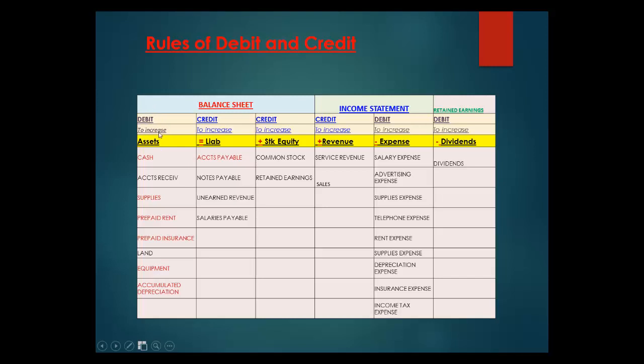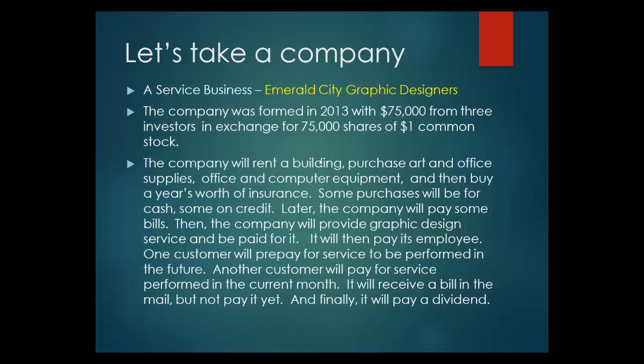If I want to increase an asset, I'll debit it. If I want to increase one of these liability accounts, I will credit it, and so forth across. Take a minute and look at the relationship between assets and expenses. Both of them are debited with increases. That's important to remember. And then the liabilities, stockholders' equity, and revenue are all increased with credits.